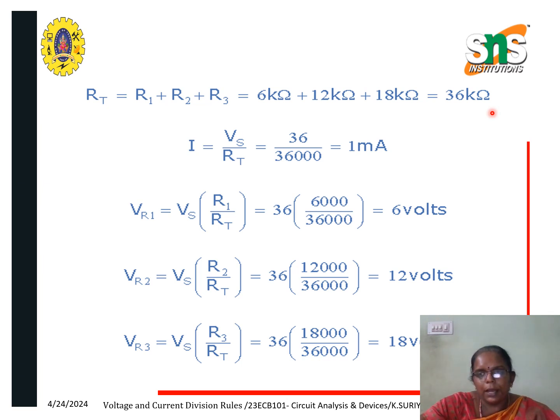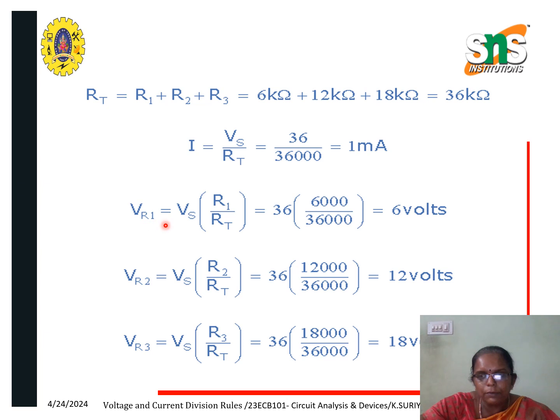To find the current, it is total voltage divided by equivalent resistance. The total voltage is 36 volts and the equivalent resistance is 36K, so you get 1 milliamp. Next, we find the voltage across each resistance. As we know, the voltage across a particular resistance is total voltage into corresponding resistance divided by the sum of the resistances.